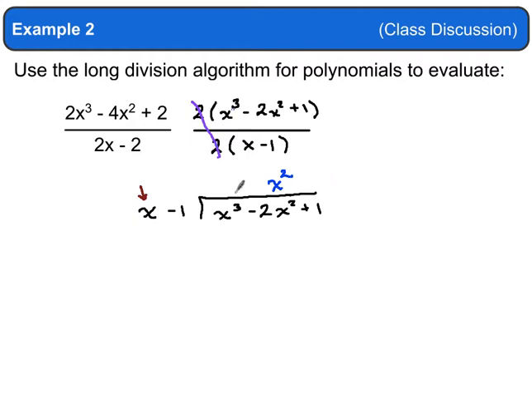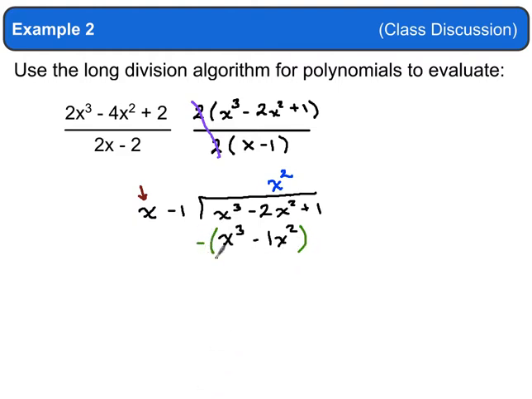So when we do that, we're going to do the distributive property. We have x squared times x is x to the third power. Then x squared times negative 1 is negative 1x squared. And then I would recommend that you put these parentheses there.